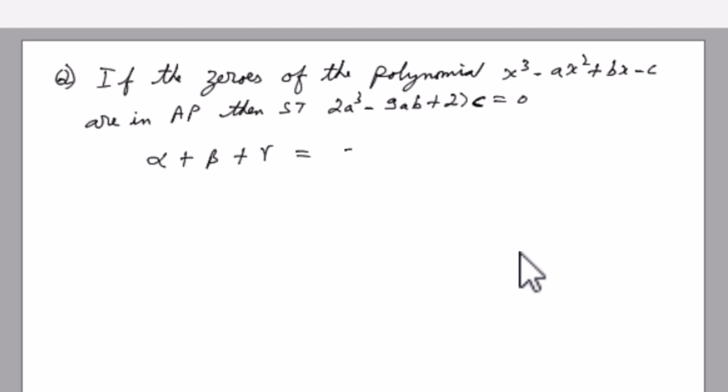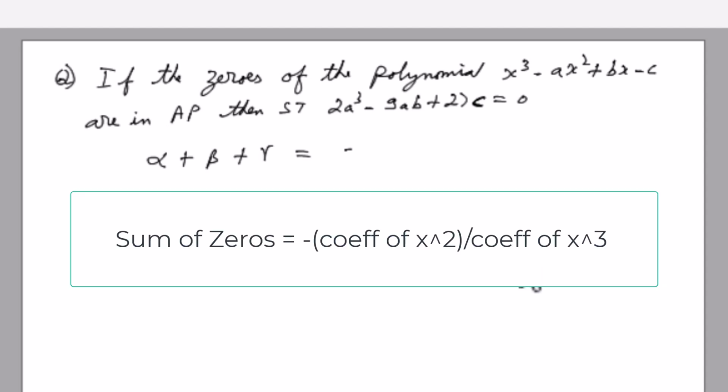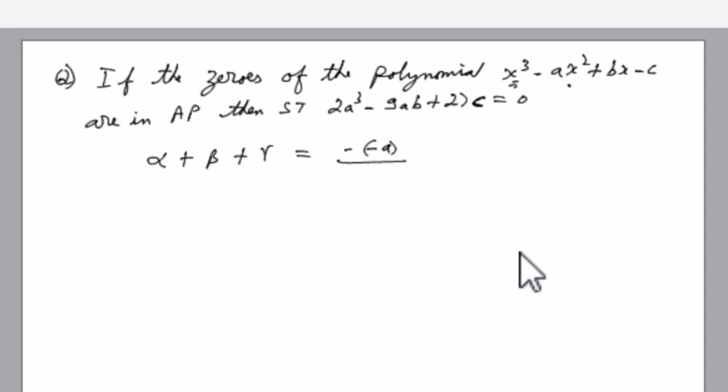Since the highest power is x cube, the second highest is x squared, and the coefficient is minus a. So minus of minus a divided by the coefficient of x cube, which is 1. So alpha plus beta plus gamma is equal to a. This is our equation number 1.